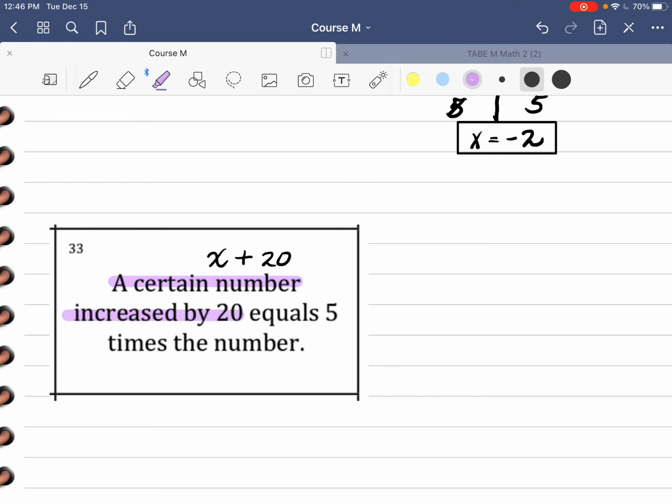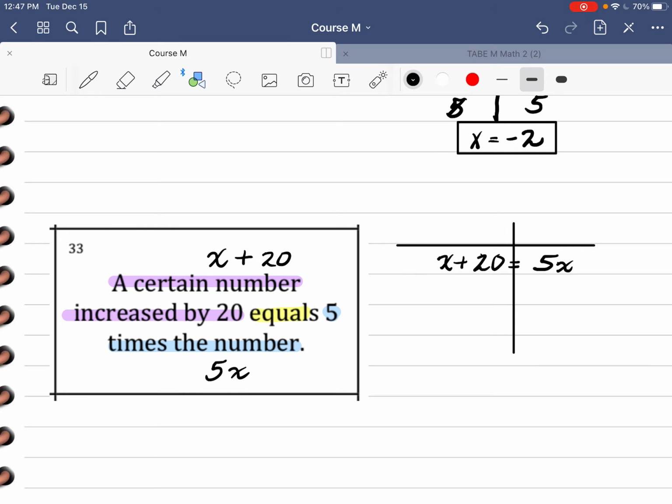That's plus 20. Equals 5 times the number. So we have x plus 20 equals 5x.